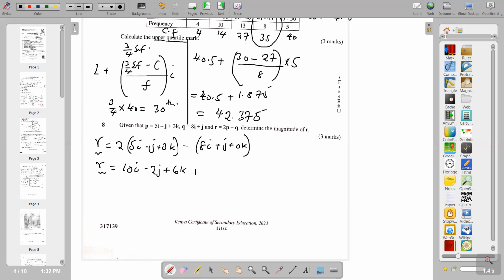And then on the other side, you're going to have minus 8i minus j, and of course, minus 0k. You collect the like terms. So you're going to have 10i minus 8i. And then the other one is minus 2j.